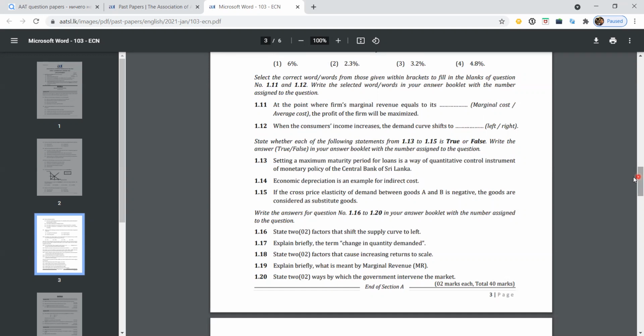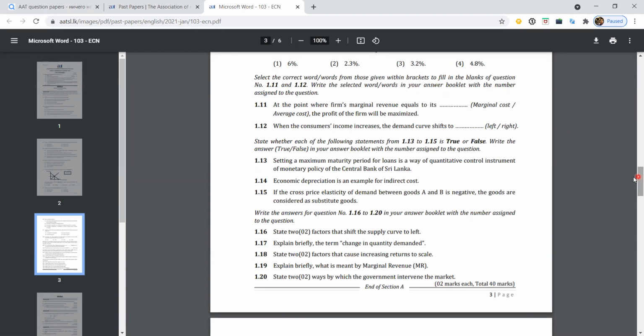The next factor is decline in technology. We ask for two, but let's take a few more. Increase in tax rate, I mean taxes. Next one, bad weather conditions. Because of all these factors the supply curve shifts leftward.